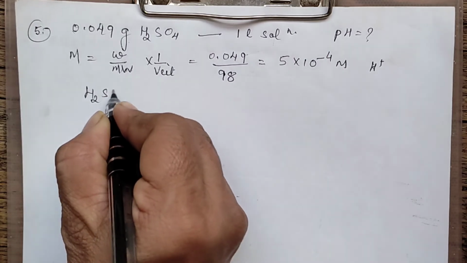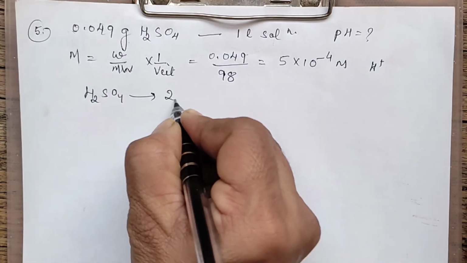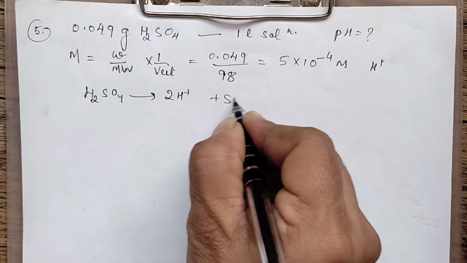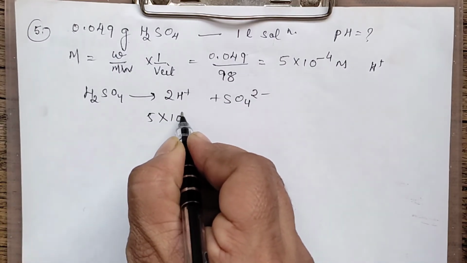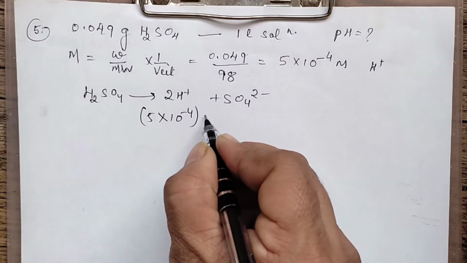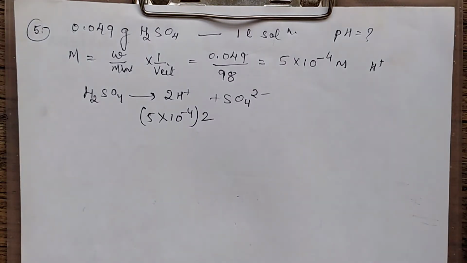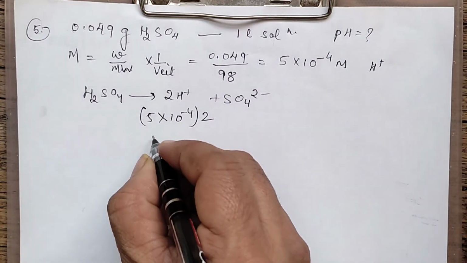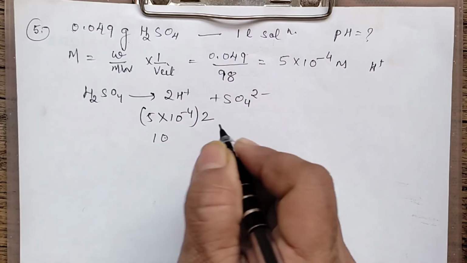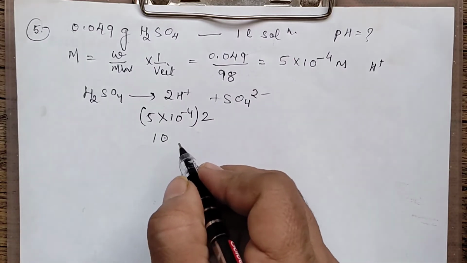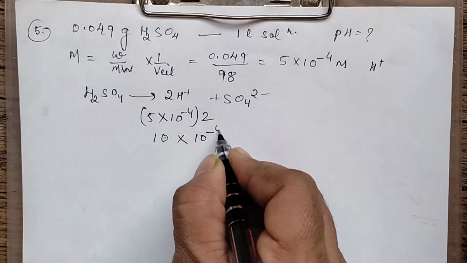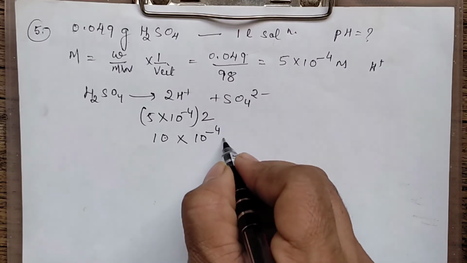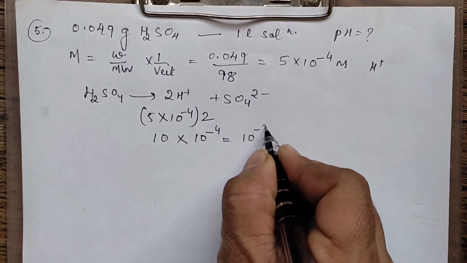So because sulfuric acid will be giving 2 H plus ions and 1 sulfate ion, this concentration 5 into 10 to the power minus 4 will be multiplied by 2. Right. So when you solve it, you will get it as 10 to the power minus 3.